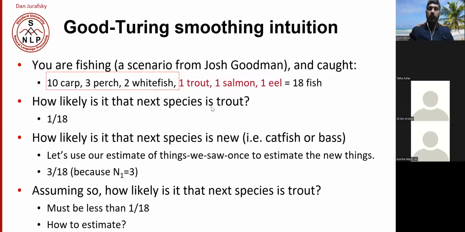There is only 2 white fish, only one thing that occurs twice. So N2 is 1, and of course, N1 is 3. And of course, there's no such thing as N0, but an unknown thing, we have used some mass from the one things and given to unknown things. But we have to now adjust the one things by getting some mass from the thing that occurred twice. So that's what we are doing now.